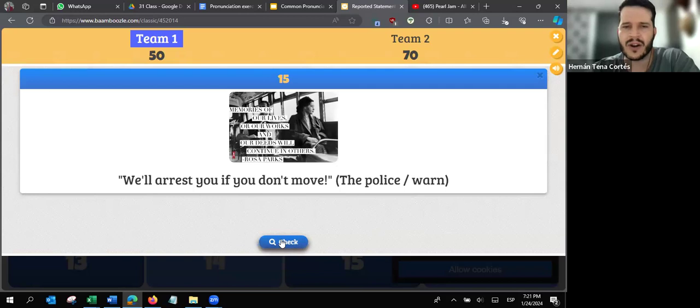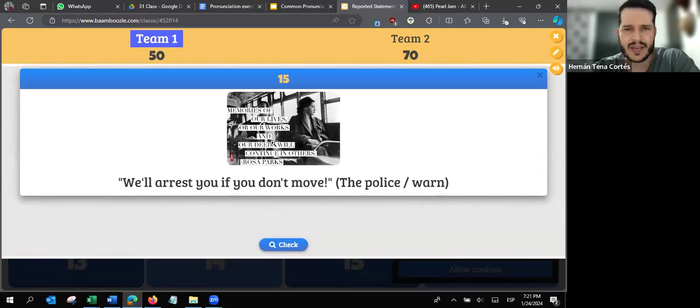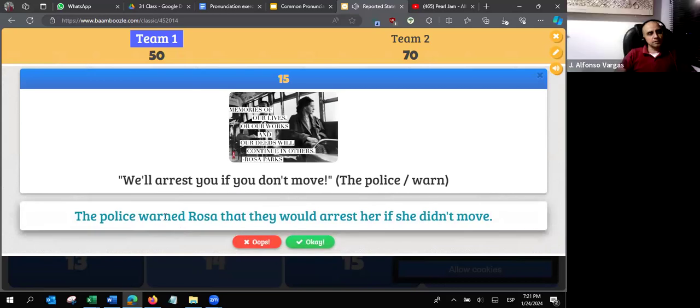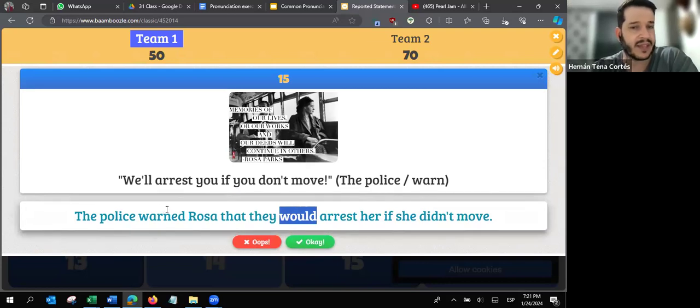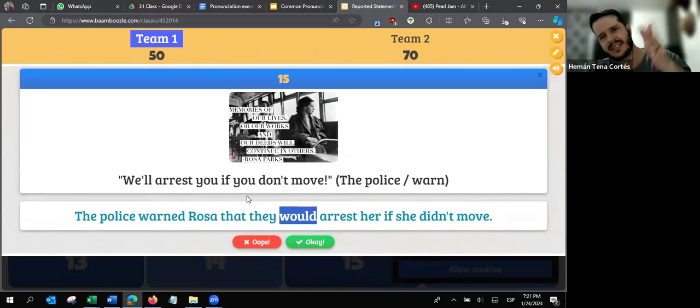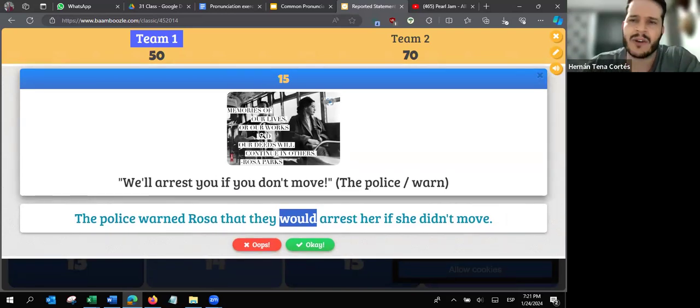Very good, very good. And Rosa Parks here was one of the first people that was warned. They told her, that's fine, or they said to her, both are correct, told her or said to her. Back in the 60s, 50s, 40s, African Americans could not sit in the front of the bus.